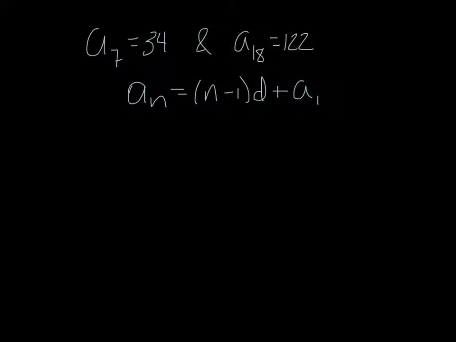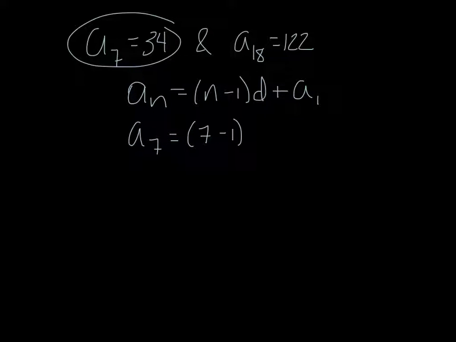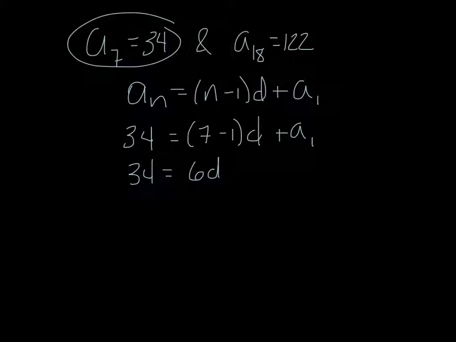So if I focus on this first one here, I've got a sub 7 equals 7 minus 1 times d. We don't know d, and we don't know a sub 1. And I need to replace the a sub 7 with what that equals, which is 34. Okay, so this really is 34 equals 6d plus a sub 1.